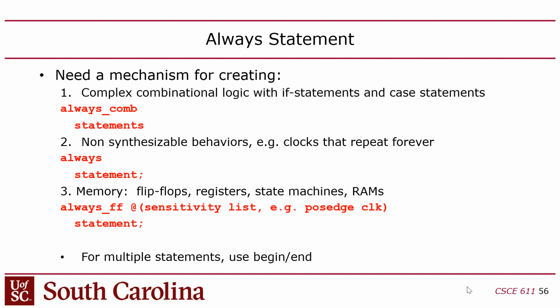And so essentially an always statement you could think of as an assign statement, but more complex, with multiple lines of code in it. Does it make sense? Okay, so for example, you'll use an always statement to create the control unit for your CPU, because the control unit is a big giant nested if-then-else statement, right? And so it's more appropriate to use an always for that, okay?